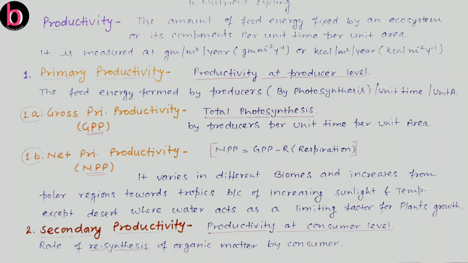What is a biome here? A biome is a large ecosystem that has a specific climate with specific flora and fauna. Flora is about vegetation while fauna is about animals in that particular area.